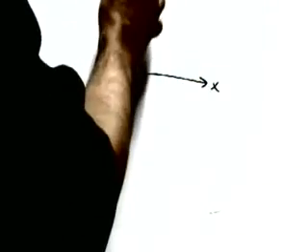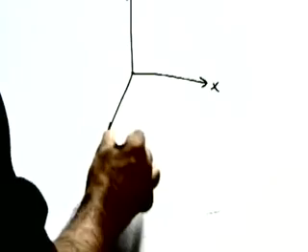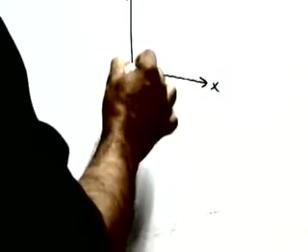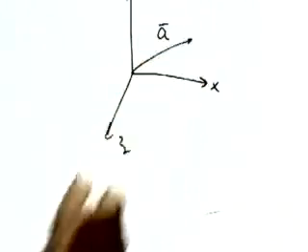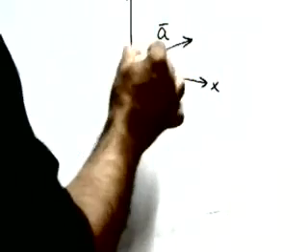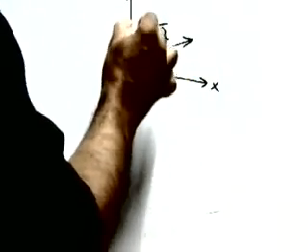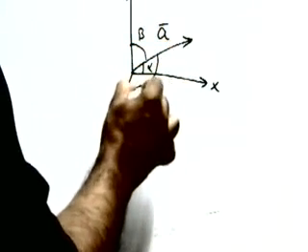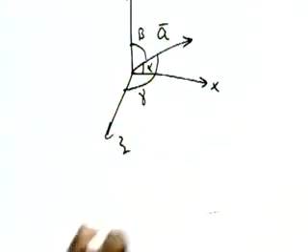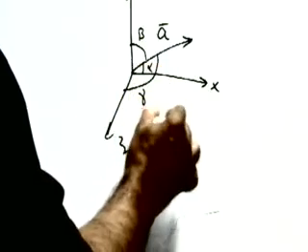Now see the next topic. Suppose this is the coordinate axes, x-axis, y-axis, z-axis. Suppose you have a vector A. The angle made by the vector with the x-axis is denoted by alpha, with the y-axis by beta, and with the z-axis by gamma.